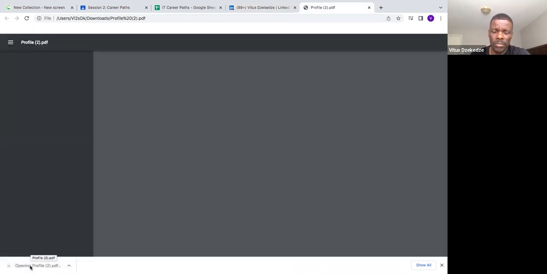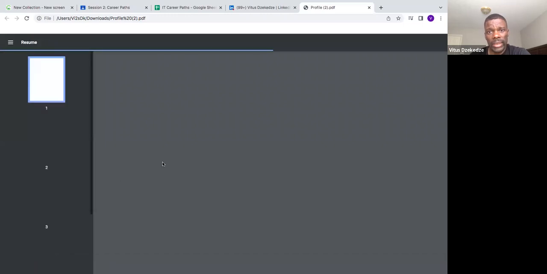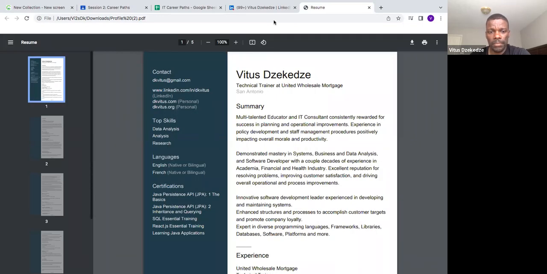So if I open that up, it should look something like that. On the left, it has my contact information, my top skills, the languages, certifications, top certifications. Then it has a summary about me. If someone asks me, who are you? From this summary, they should be able to grasp what I am.